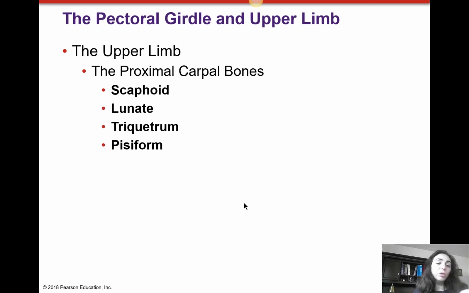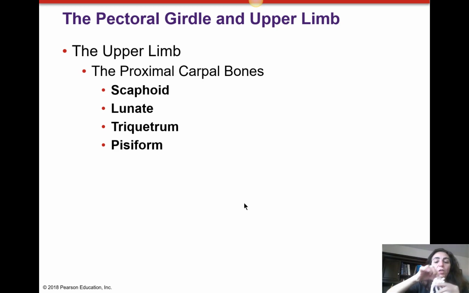So the proximal carpal bones are scaphoid, lunate, triquetrum, and pisiform. As you start from the side of the thumb, that is scaphoid, lunate, triquetrum. So we have the scaphoid, lunate.